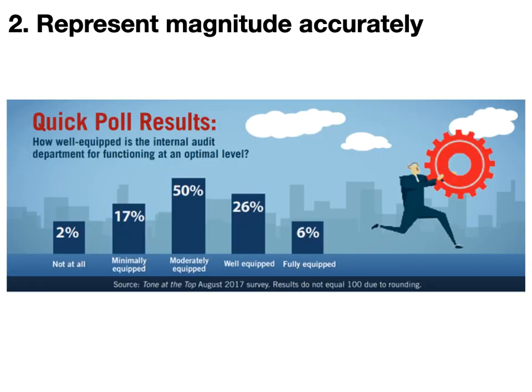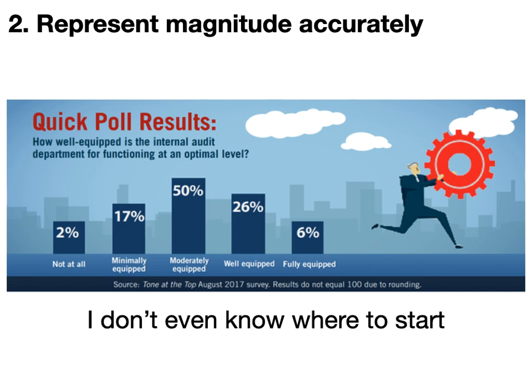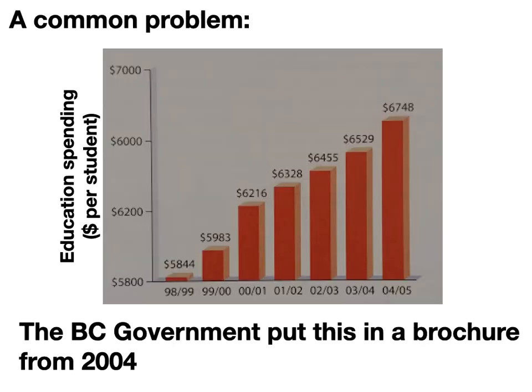Here's another example of not representing magnitude accurately. If you get into this graph, I don't even know where to start. This is actually a really common problem of representing magnitude in misleading ways.